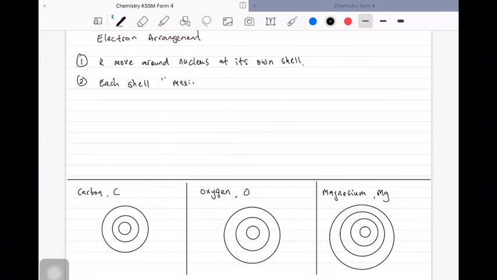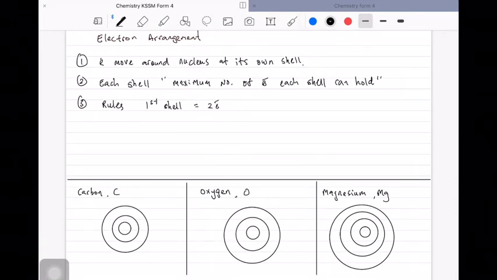The rule in SPM is that the first shell can hold a maximum of 2 electrons, and from the second shell onward, the maximum number of electrons is 8.